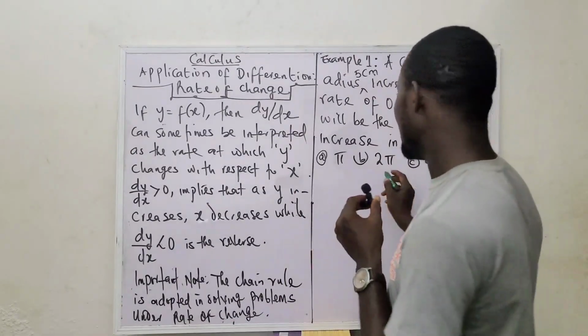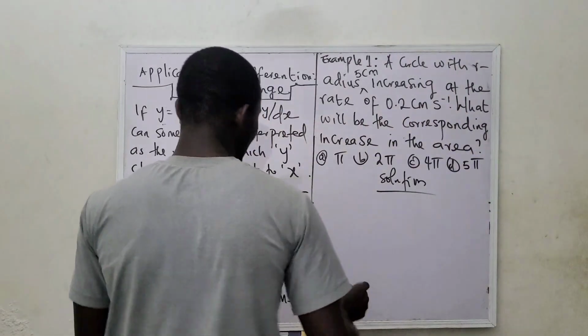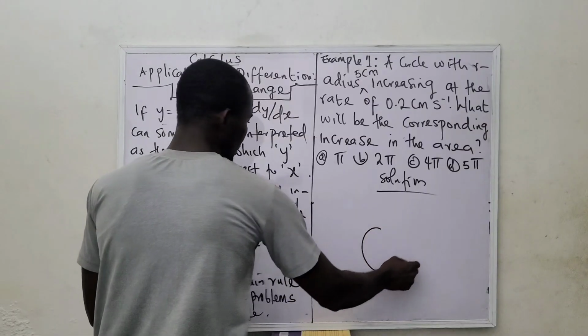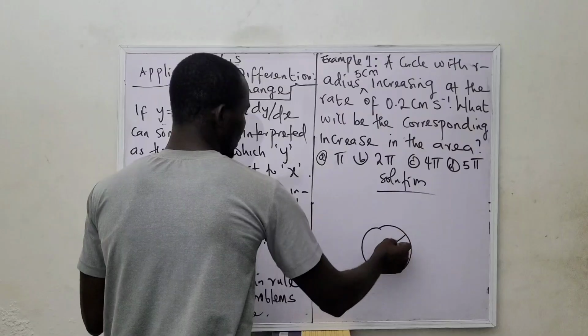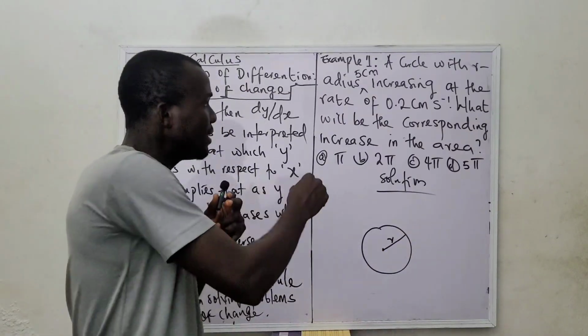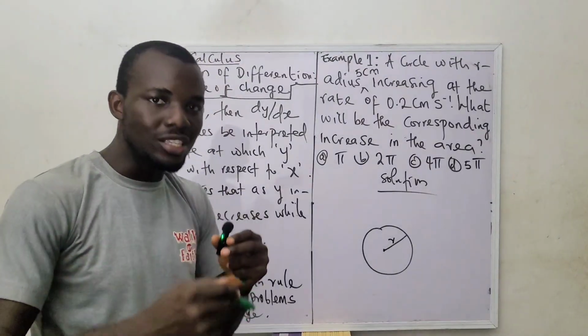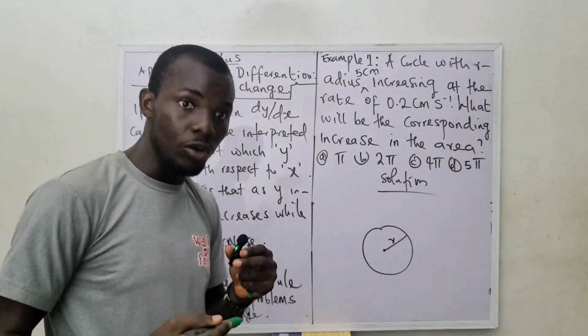Now, just think about the solution. Think about a circle of this nature. You have a circle here, and from here to here gives you the r. While this is 5 centimeter, we know that this radius is changing, maybe because of a rotation going on.